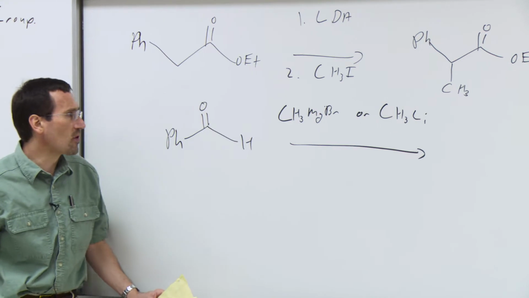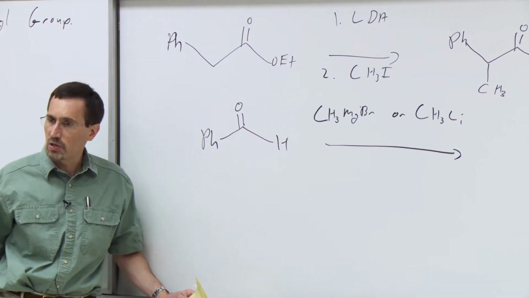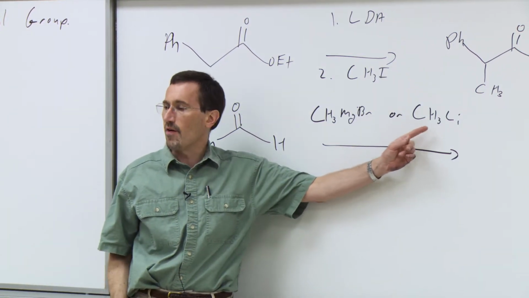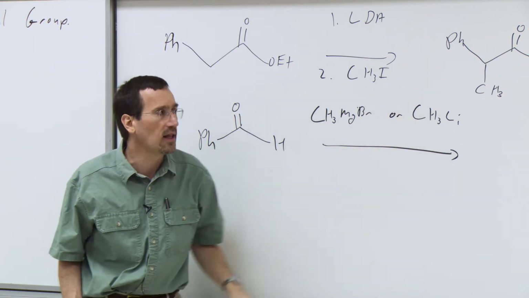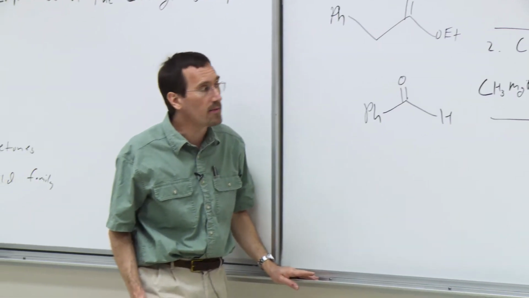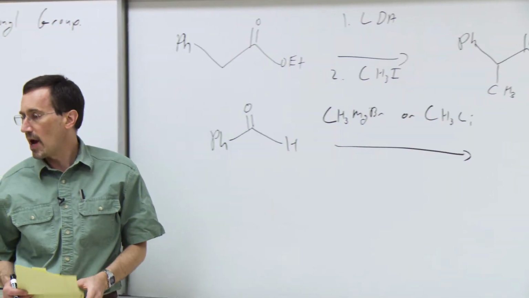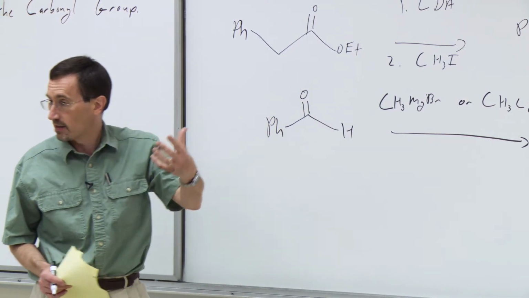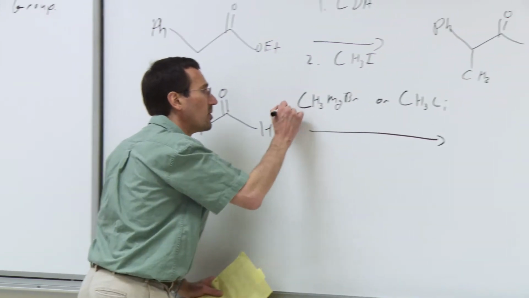Methyl magnesium bromide you generate from methyl bromide and magnesium metal, usually in an ethereal solvent. Methyl lithium you generate from lithium metal and methyl bromide or methyl iodide, often in a hydrocarbon solvent. Both of these organometallic reagents, in practice, one can buy conveniently in septum bottles. They're reactive with water, they're reactive with air, but they're very easy to handle in the laboratory.